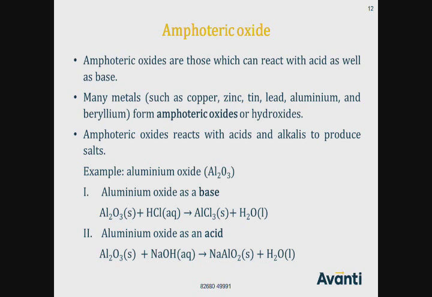In that case one of them would behave as an acid and the other one as a base. Otherwise, if both have the same strength of amphoteric character, they won't react with each other. Okay. See, base and base do not react with each other, na? And acid and acid do not react with each other.